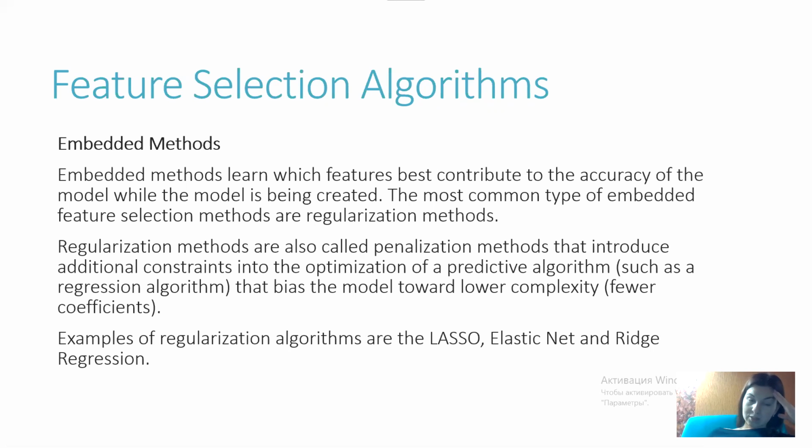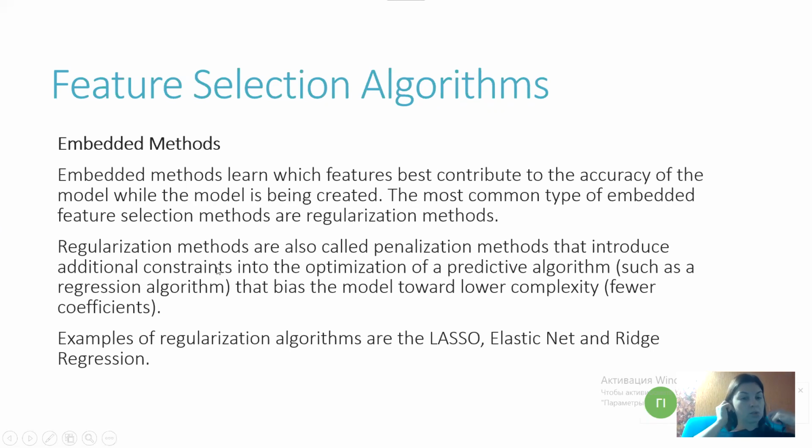And also, I think that last group of methods is embedded methods. They learn which features best contribute to the accuracy of the model while the model is being created. The most common type of embedded feature selection method are regularization methods.